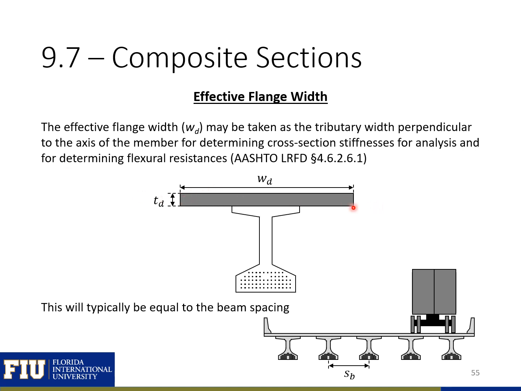So this is going to typically just be your beam spacing. So if you have a 4 foot, 6 foot, 8 foot, or 10 foot beam spacing, that'll be the effective width of your top flange, of your deck, in bridge design.